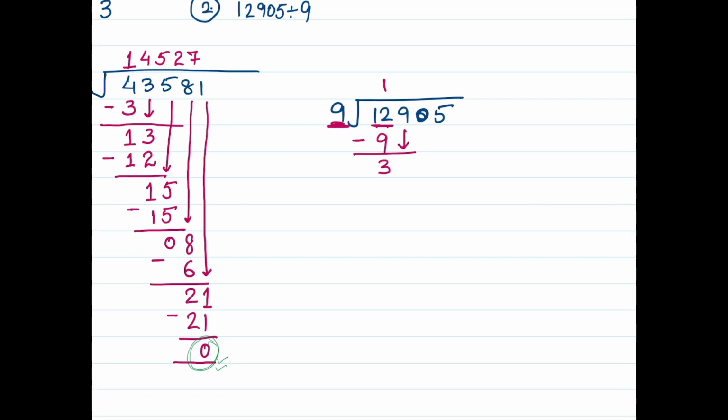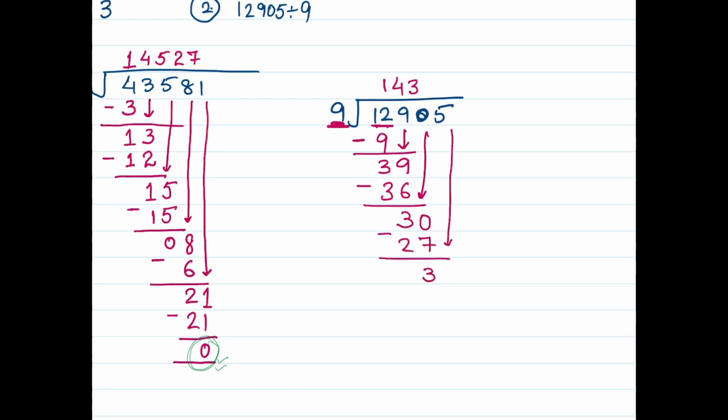Right, then we bring down 9. Now here we have 39, and we know that 9 times 4 is 36, right? And 9 times 5 is 45, so it's more than that. Then we subtract again, and then we are left with 3 again. We bring down 0. So 9 times 3 is 27. Subtract again, we are left with 3.